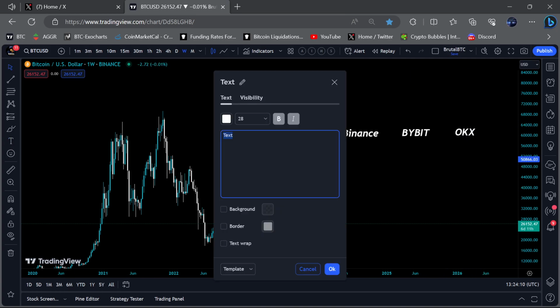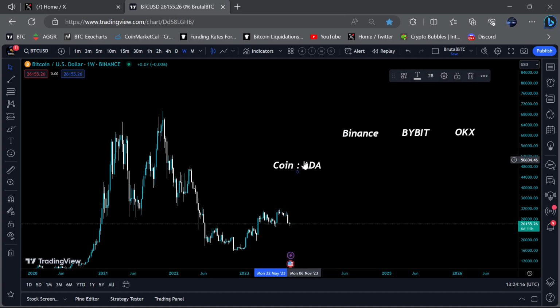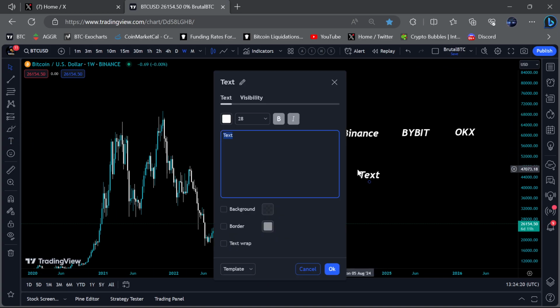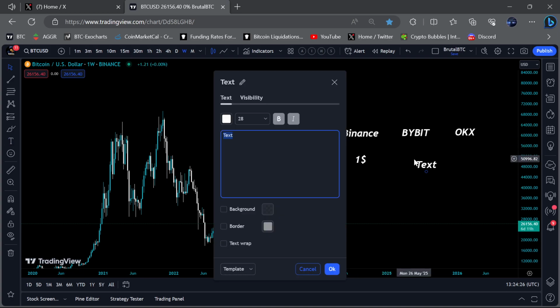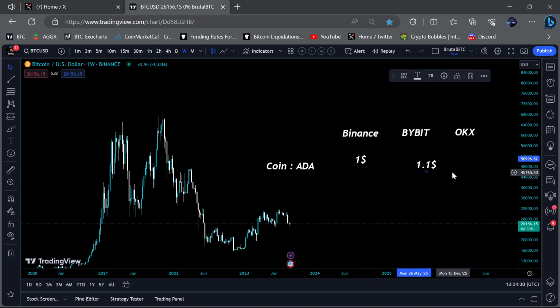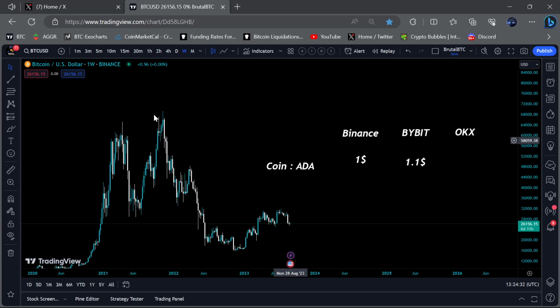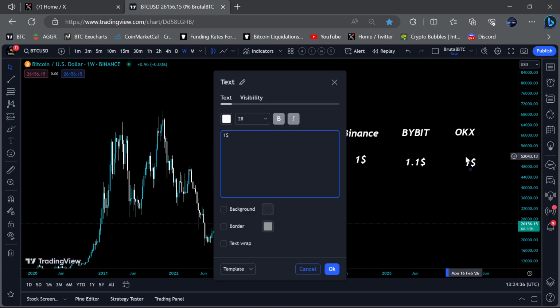Okay, now we're looking at a coin. For example, the coin is ADA. That's a shit coin. The coin is ADA, and this is trading on Binance at $1. This is trading on Bybit at $1.1, and this is trading on OKX at $1.